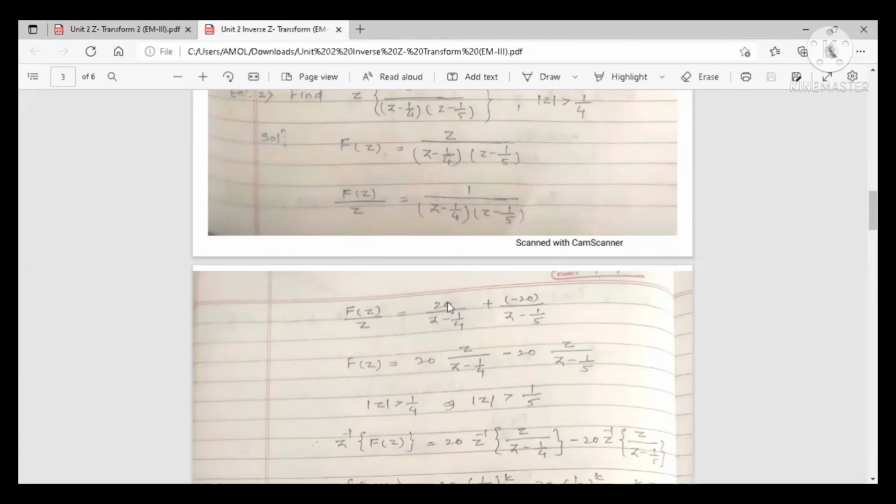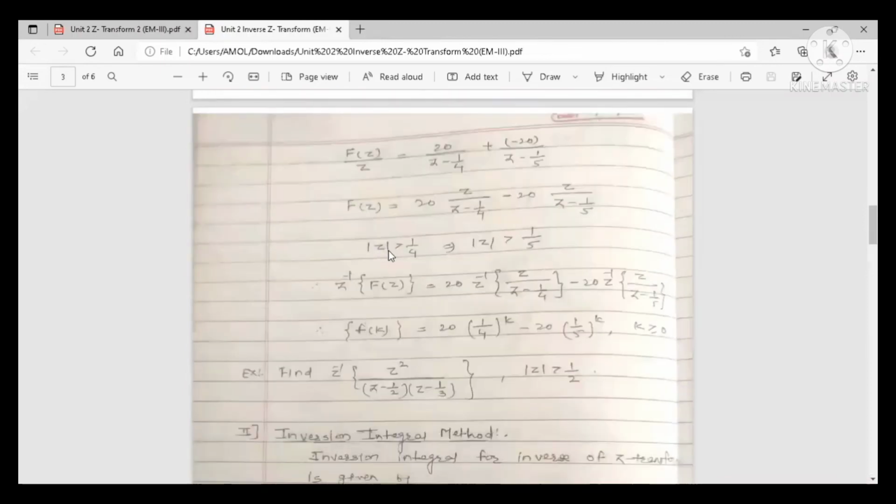Using that method, you can separate these two terms. Now after finding the arbitrary constants a and b, that is 20 and minus 20, you shift this z of the denominator term to the RHS so that you get f of z equal to 20 into z upon z minus 1 by 4 minus 20 into z upon z minus 1 by 5.